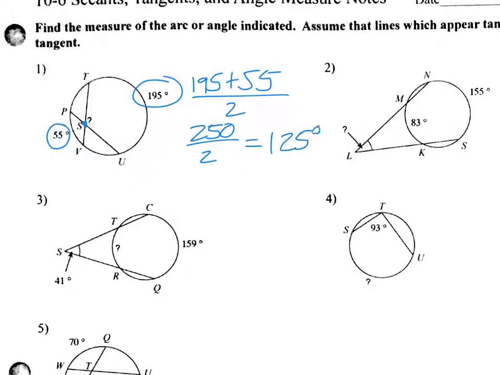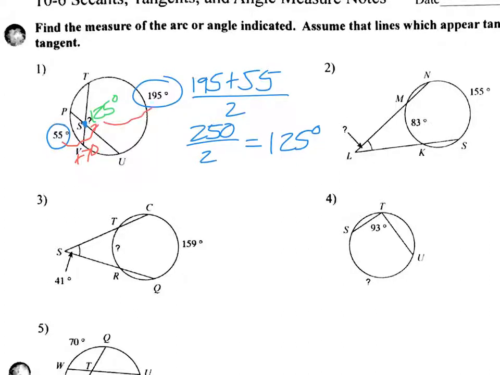Another thing to note is that the measures have to go sequentially. What's that mean? Small, medium, large. Another thing you can do when the angle is inside the circle is look at how far it is. How far is it from 55 to 125? Well, you have to add 70.